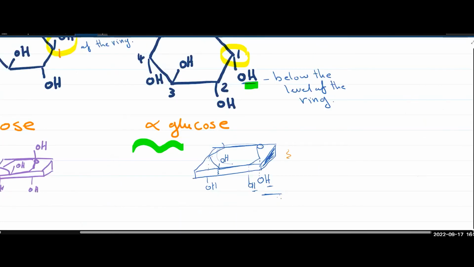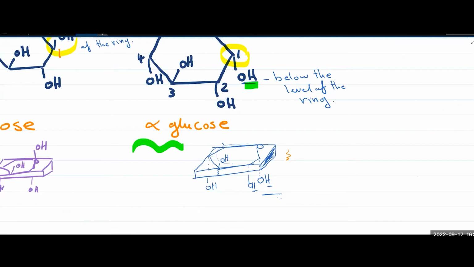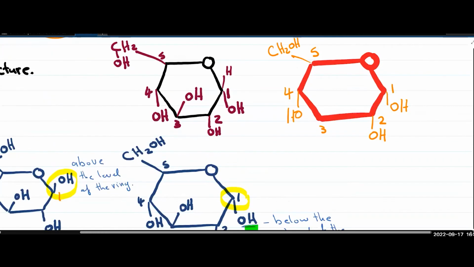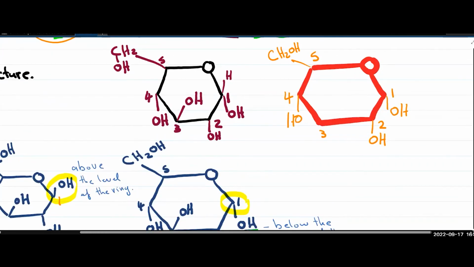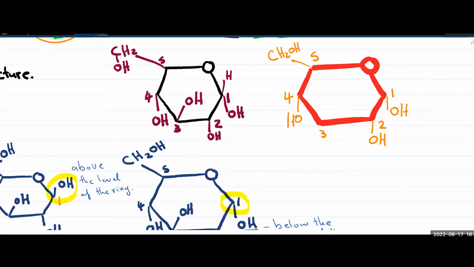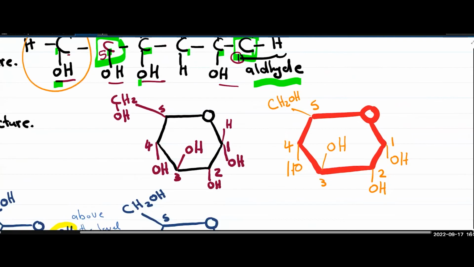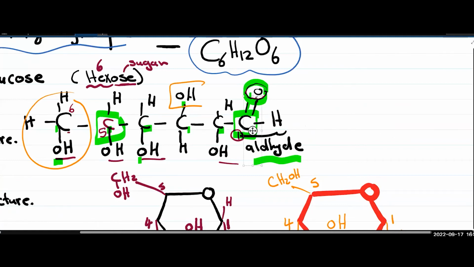You understand this 3D shape structure? You got that point? Okay. So when I say down, it means below the level of the ring. But carbon number 3, no, all the time it is the opposite. It's above the level of the ring. Even when I draw it here, it is the only one which is up and all the others are below.